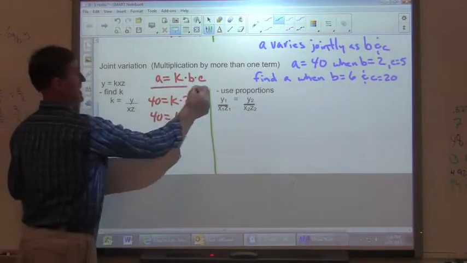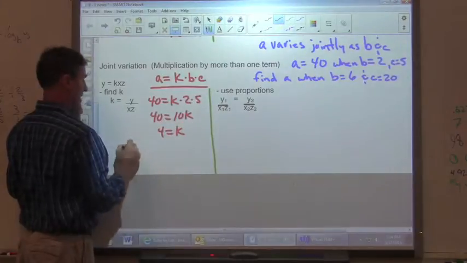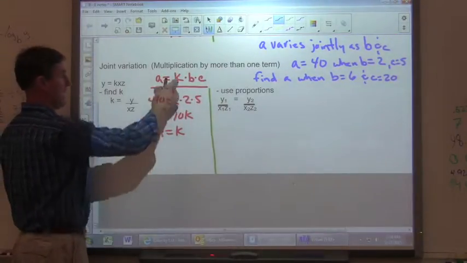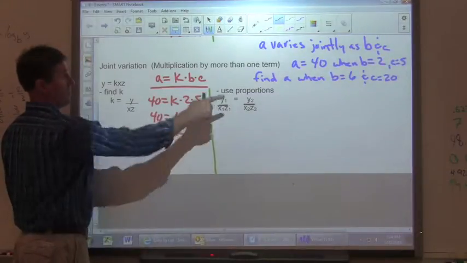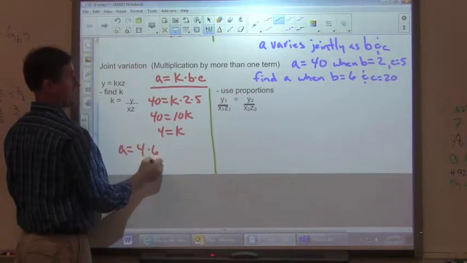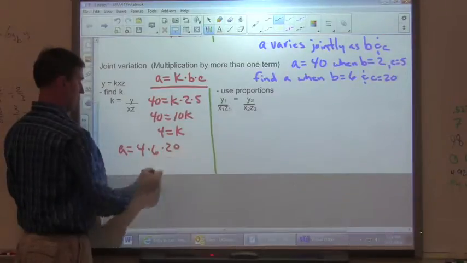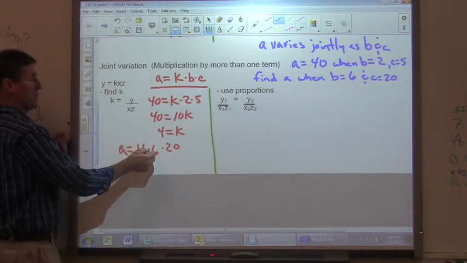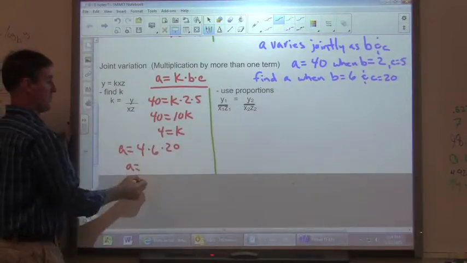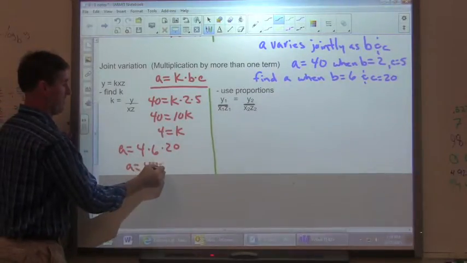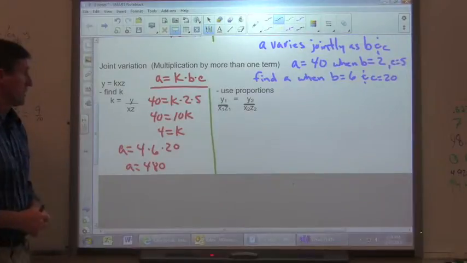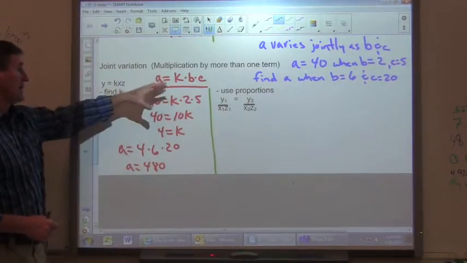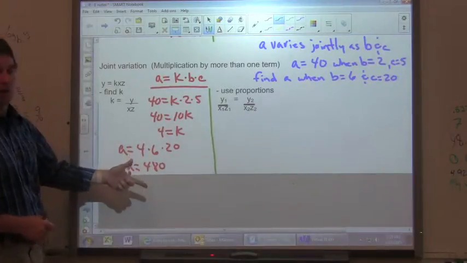Now we go back to this, and we're going to find A, so we don't know what A is, but we do know that K is 4, our B, our second B is 6, and our second C is 20, and so A equals 4 times 6, which is 24, times 20, which would be 480. So again, this would be doing it by solving for K and then going through and solving it algebraically.